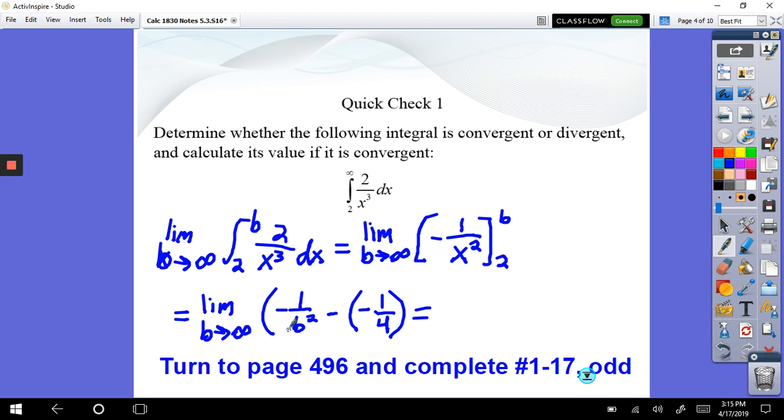Well, as you go to infinity, this is going to get smaller and smaller and smaller for b. So it's going to go to 0. So it's 0 plus 1/4, 1/4. It converges.